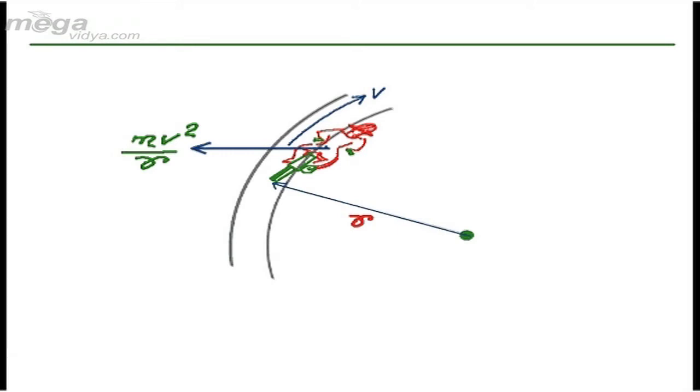If we talk about the net contact force acting on this bike, then this net contact force is Fc, which is provided by the normal reaction acting on the bike due to the road and the frictional force along the surface, along the road.